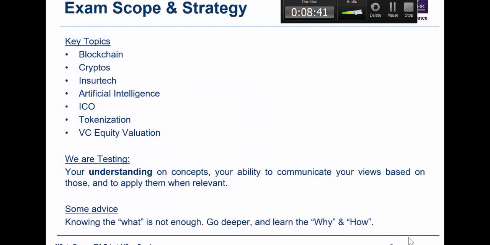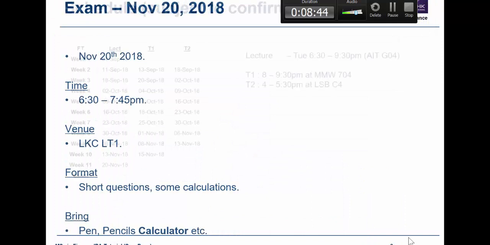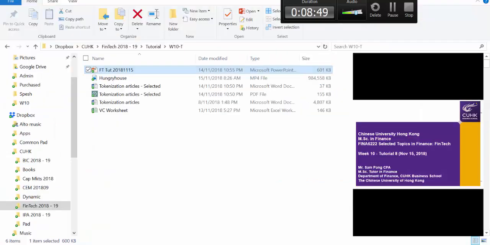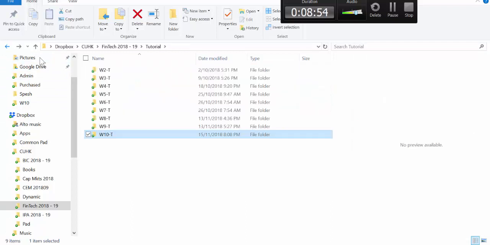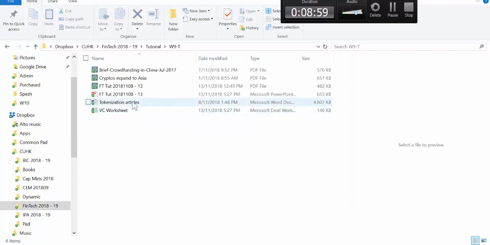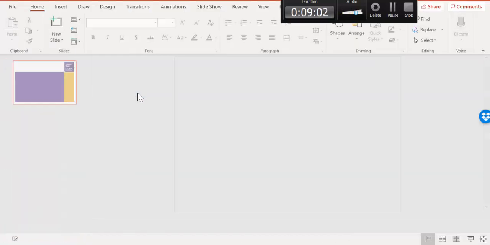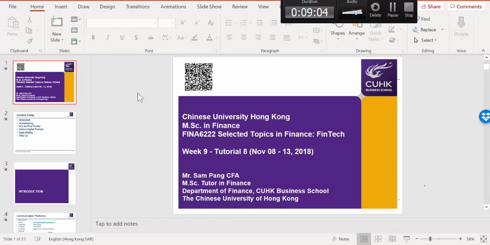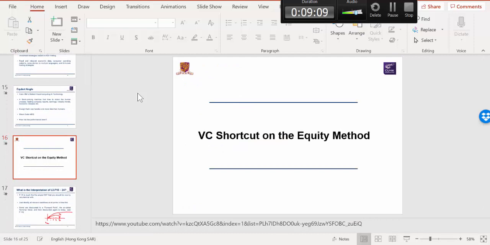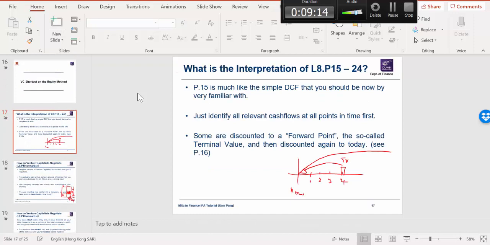Now I want to actually go back a bit to just recap. So last week, where we ended up was, we were discussing, and we started talking about venture capital and how you can discount a stream of cash flows.